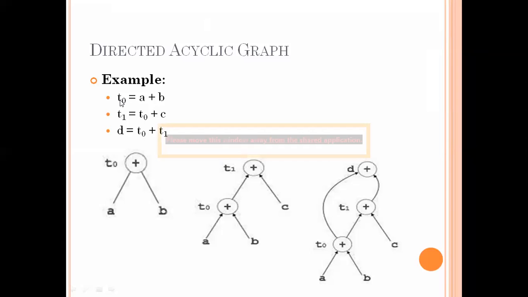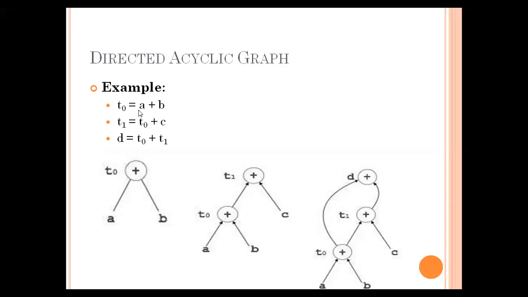So in one statement, if the expression is divided based upon the 3 address code, what is the meaning of 3 address code? Maximum 3 operands in one statement. So T0 is an operand, A is an operand and B is an operand. These 3 operands we use at maximum in one statement.